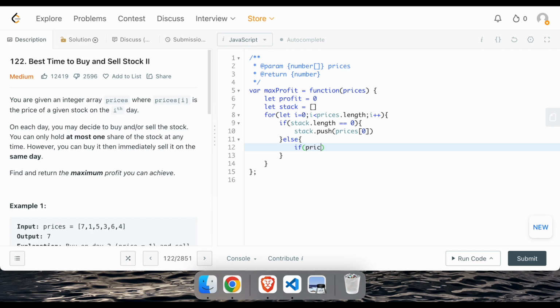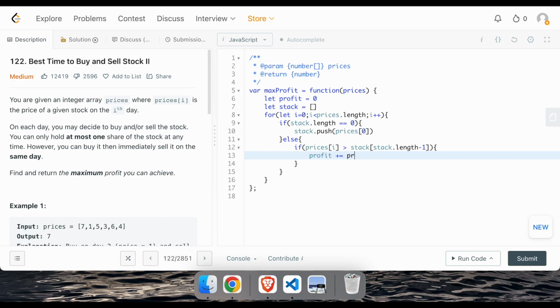So what I'm checking is if my current price is greater than whatever value the stack has at the end, right? If this is the case, that means I have a price in my stack that is actually lower than my current price. So that means I can actually sell my stock, right?